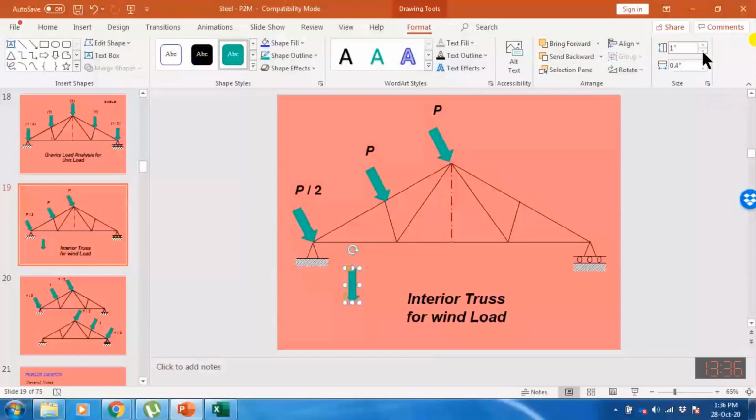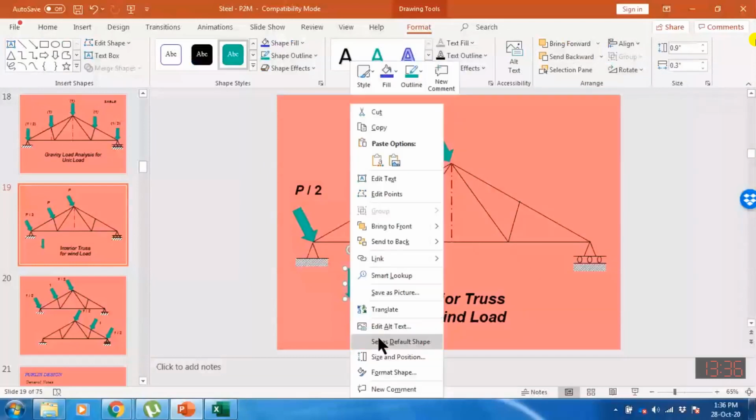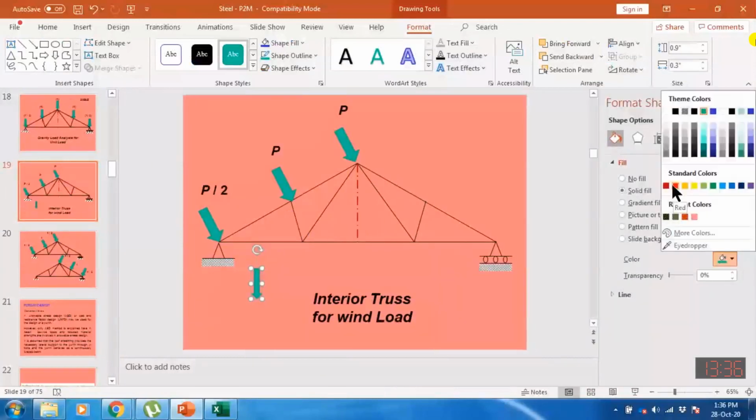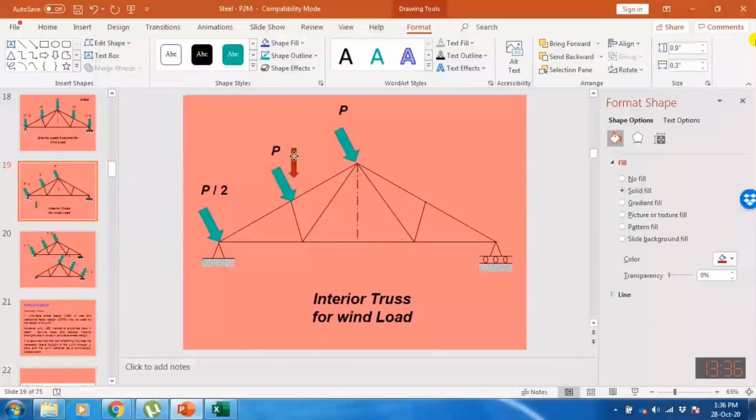Just for your clarity, I'm changing the color. So here you can replace this green load with two loads. One is the horizontal component, and one will be the vertical component.